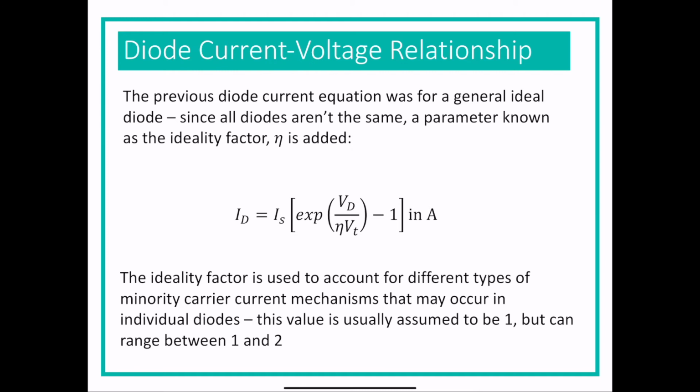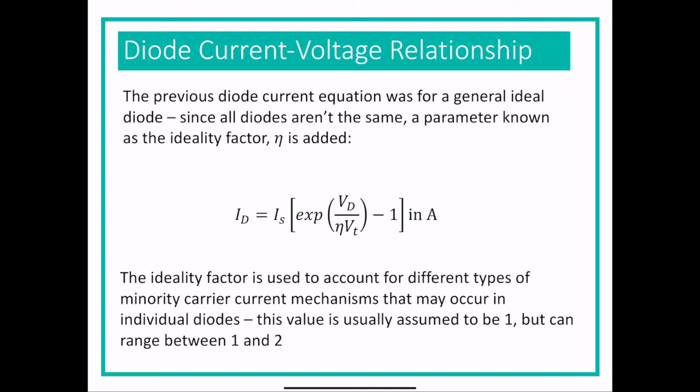So that factor is generally between 1 and 2, and we oftentimes just assume that it's 1 for simplicity's sake, but for greater accuracy, we can actually use a value. And just to let you know, when you do your semester project, you will determine the value of eta for a particular set of diode data. So it is actually calculable if you're given data.